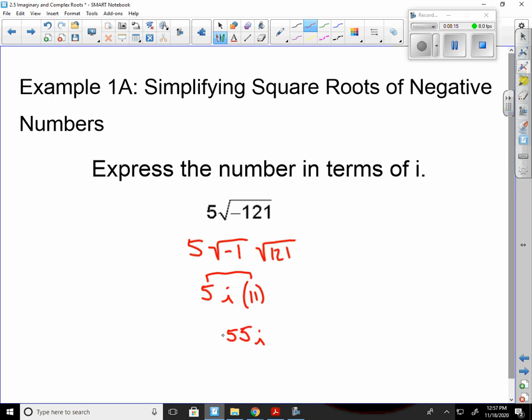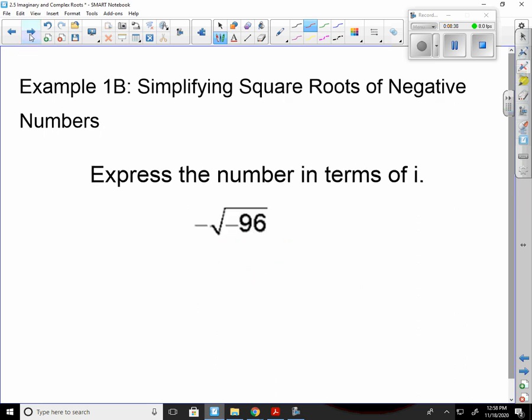And I end up with 55i. That's it. This section actually isn't too hard, other than the fact that we're talking about imaginary numbers, numbers that can't be real.